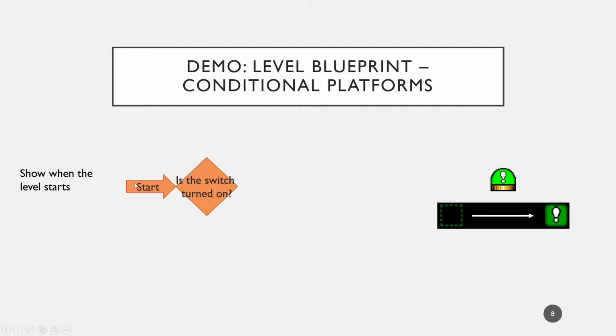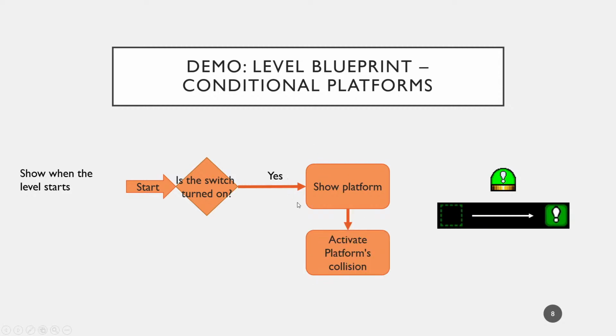So at the start of the level, we want to ask if the switch is turned on. If the green switch is turned on, then all the green platforms should be on. If it's off, then all the green platforms should be dotted or, well, gone. They shouldn't appear. So if the switch is on, yes, then we should show the platform and then activate the platform collision. And the flow ends. And if it's not turned on, then we don't need to do anything, right? So let's do it in Unreal.